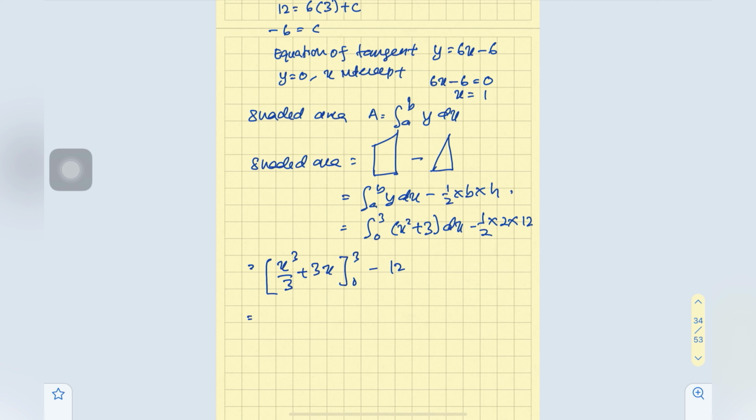Substitute the upper limit: 3 cubed over 3 plus 3 times 3, minus 0 cubed over 3 plus 3 times 0, minus 12. So the final answer will be 6 units squared.